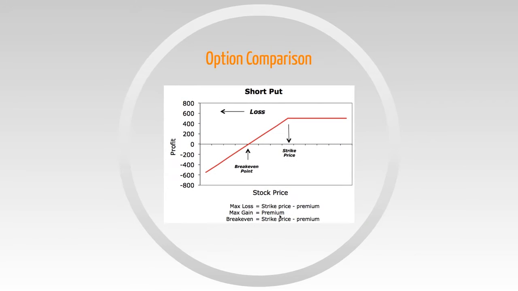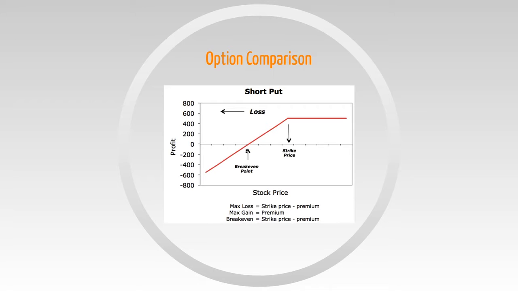Our next position is a short put. Now, this is the selling side of that long put, which we just saw. So the straight line is flipped over. We end up making money, or being in the black anyway, when the shares are going high, since the bet for the purchaser of the put was that the shares would go down, and that's when they make money.